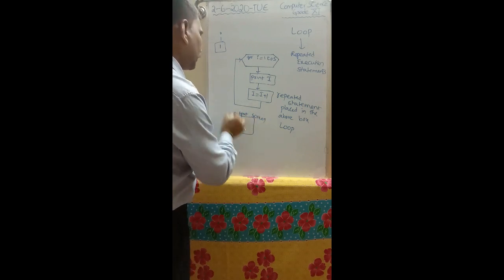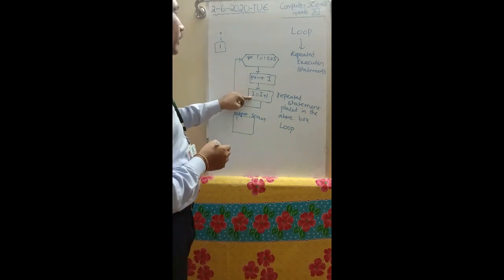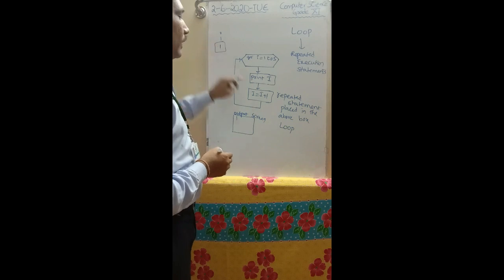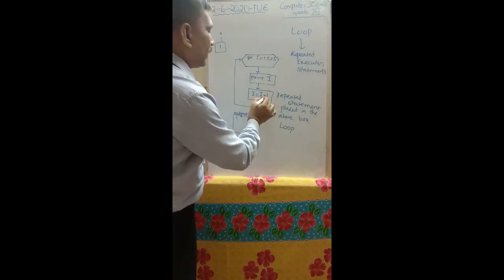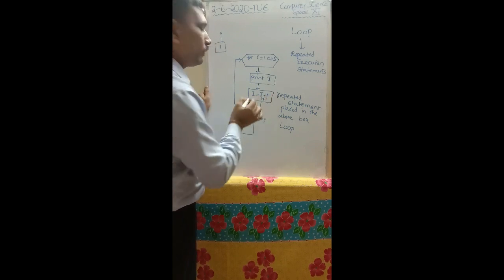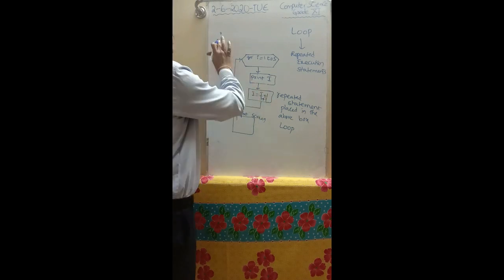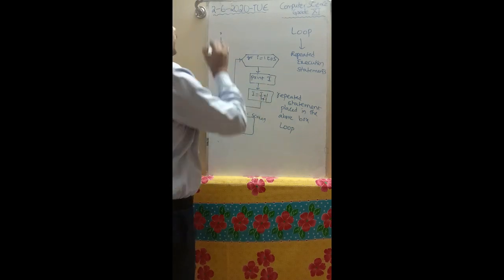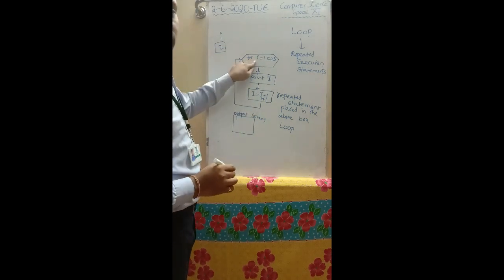So the I value is 1. Then coming to the next statement, I is equal to I plus 1. Here the I value is 1. First the right side is evaluated. The right side is I plus 1, I is 1, 1 plus 1 is 2. 2 is assigned to I. So here I is assigned 2. Next coming to this statement.